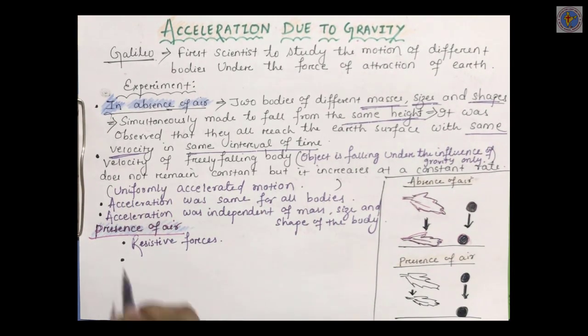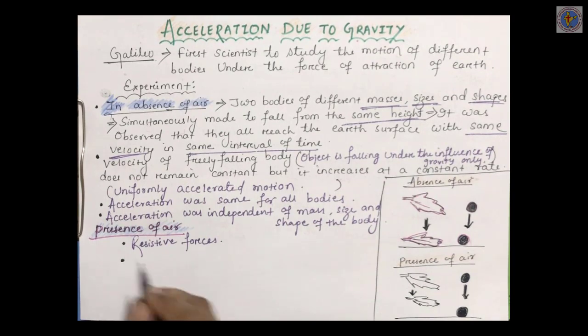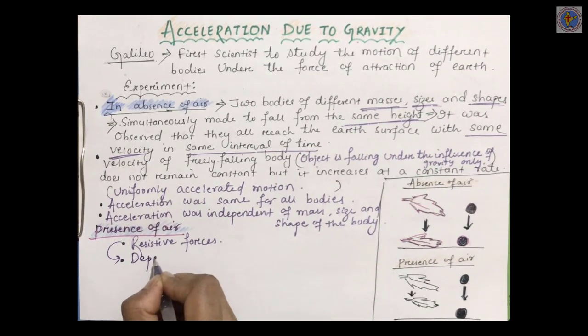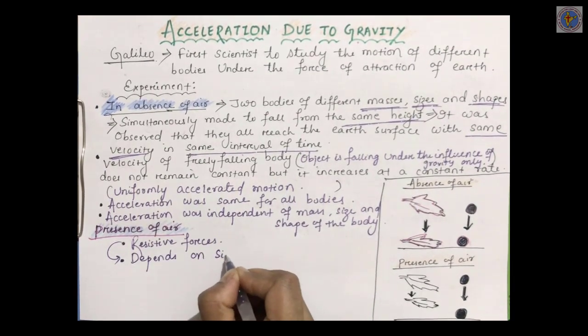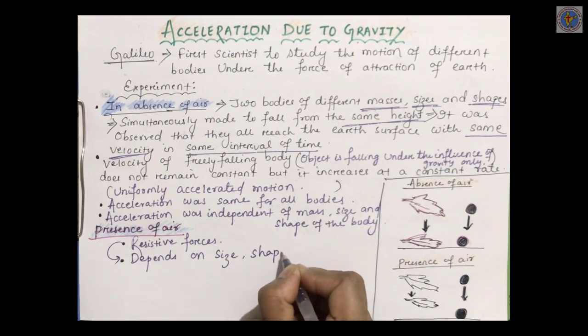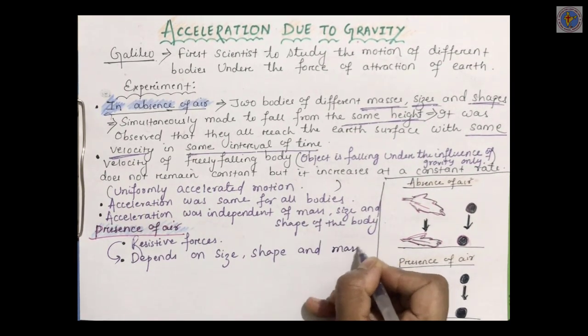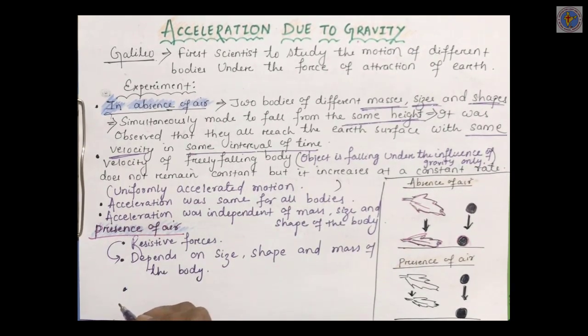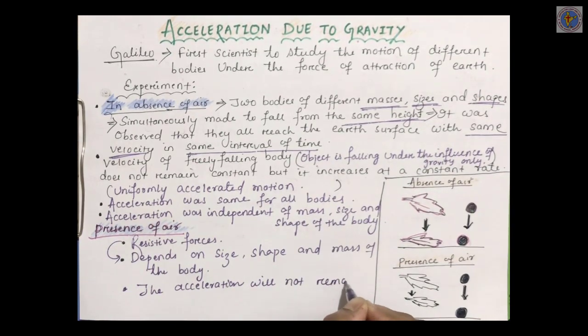So these resistive forces depend on the size, shape and mass of the body, and hence we find that in this case, that means in the presence of air, the acceleration will not remain the same.